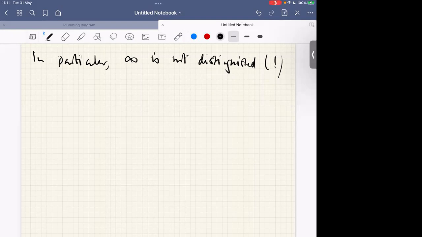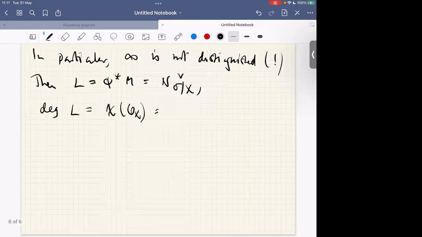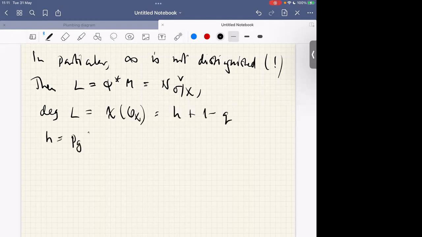And then if we define L as the pullback of M, this is the conormal bundle of the zero section, and its degree is the characteristic of X, which I'll write as H plus 1 minus Q, where H is the geometric genus of X, the number of two forms, and Q, the irregularity, is equal to the genus of the base curve.